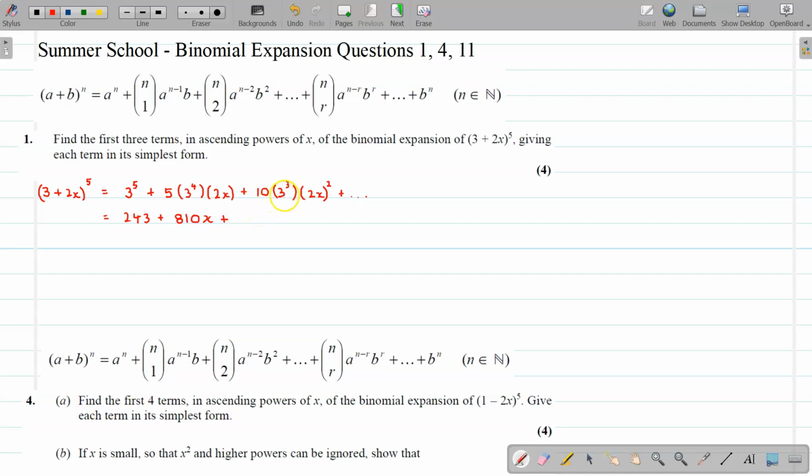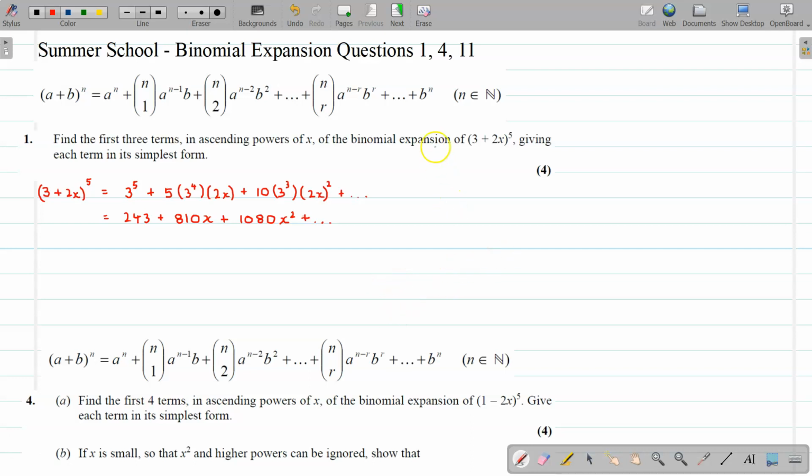Well, 3 cubed is 27, 10 times 27 is 270, times 2 squared, which is 1,080x^2. And that's all you need to do to get the 4 marks for that question. Again, you can put that it continues, but you wouldn't need to because you were asked in the question just to give the first 3 terms.